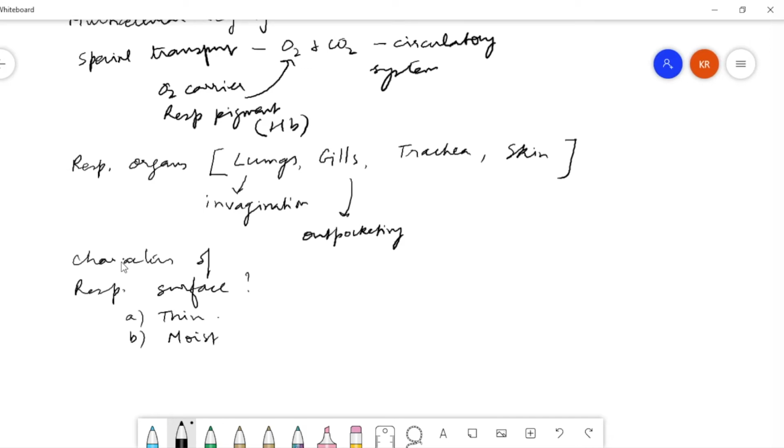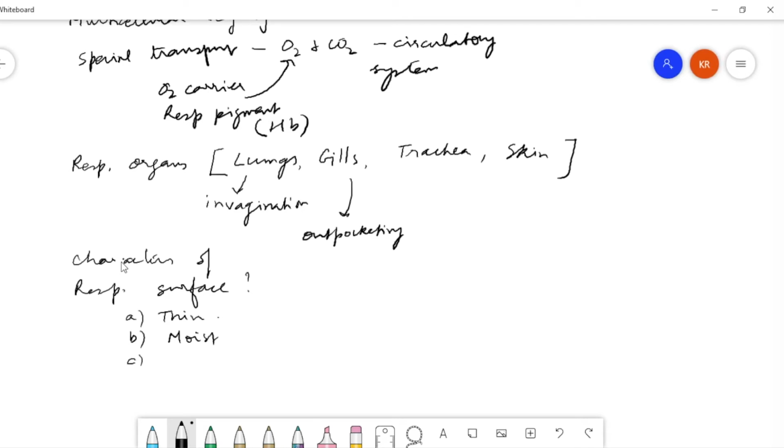If it is dry, it's very difficult, because gases will be able to dissolve first in the moisture, and then through the moisture be able to get inside. So that diffusion takes place through it. Because the physical process of diffusion takes place easily when there is moisture.